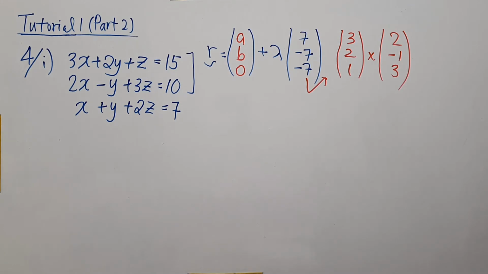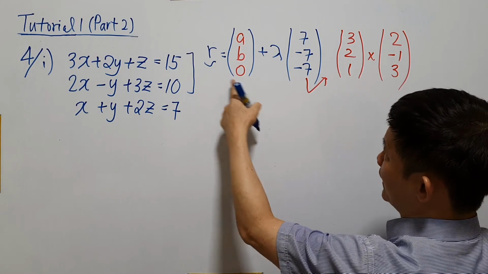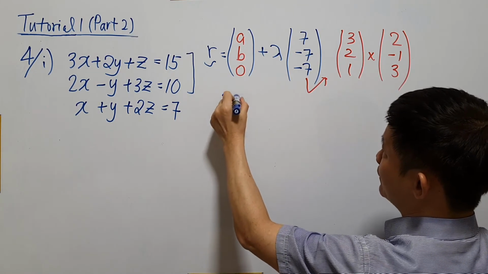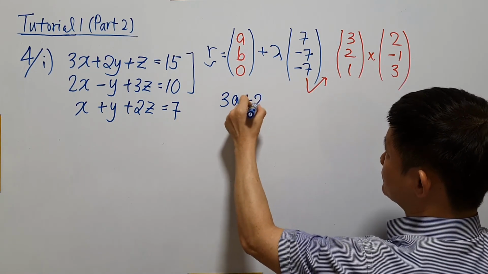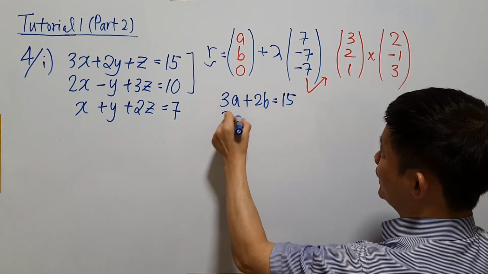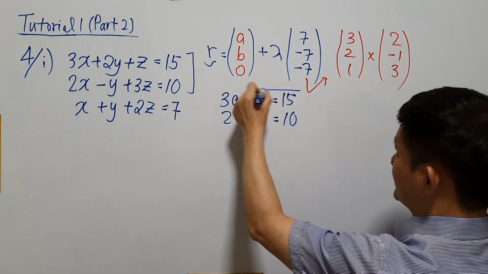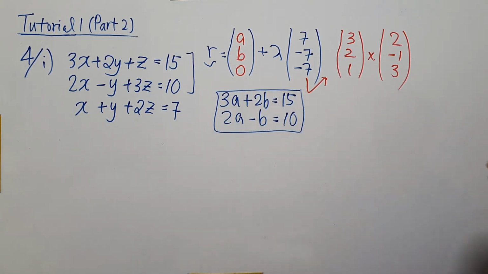Previously in the notes, I put 0 as the first component. It really doesn't matter. So if you think that there's a point (A, B, 0) on the plane, I plug it in the equation, I get 3A plus 2B. So from these two equations, you want to solve for your A and B.